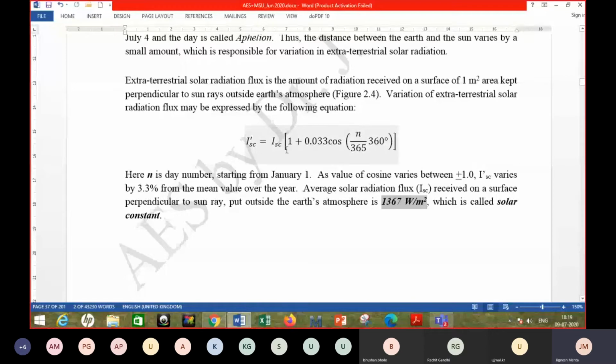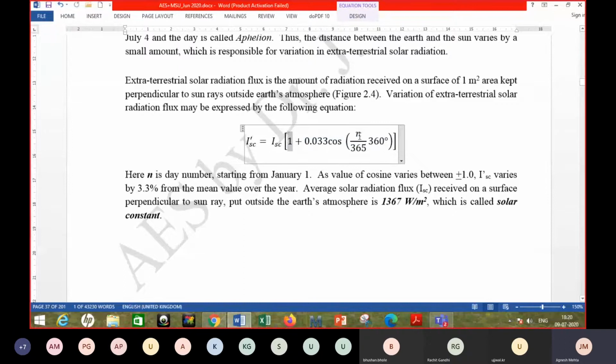Okay. So this is cos of 360 n upon 365. 365 is the number of days, and n is the day number starting from January 1. Because one revolution means 360 degrees, so 360 degrees is here, and you find the cos of that. And this number you have to remember: 0.033. So that's a 3.3% change, plus or minus from 1, right?